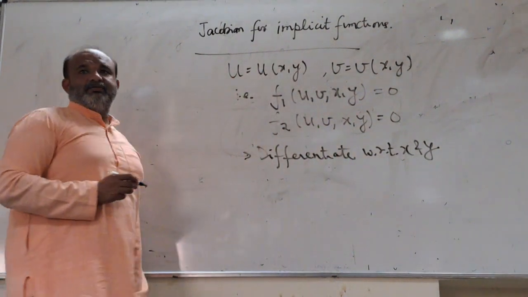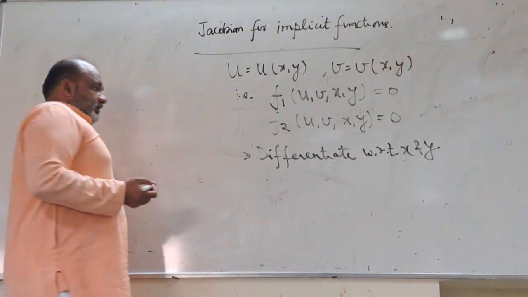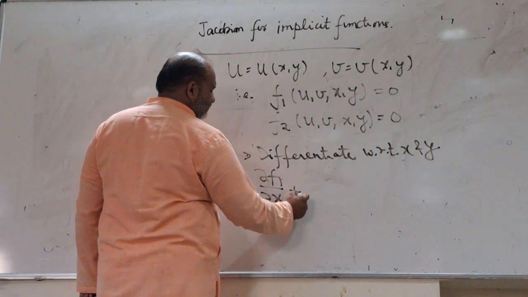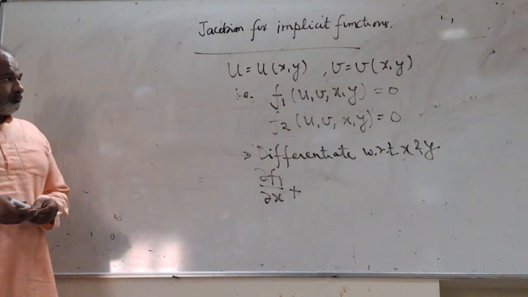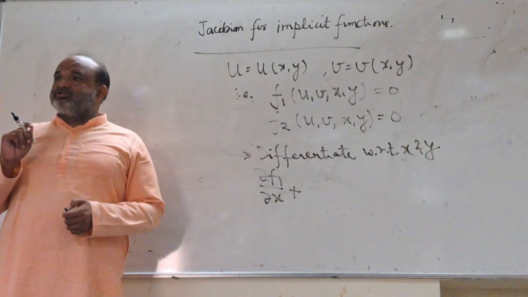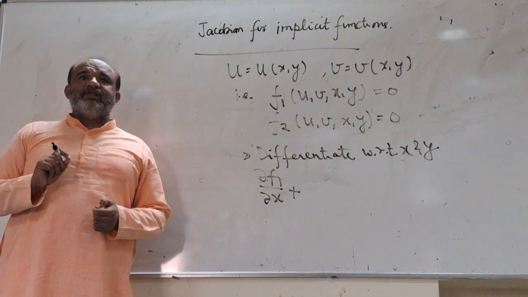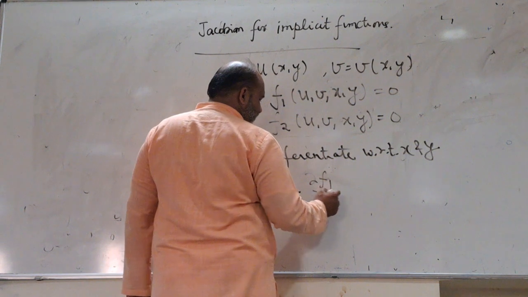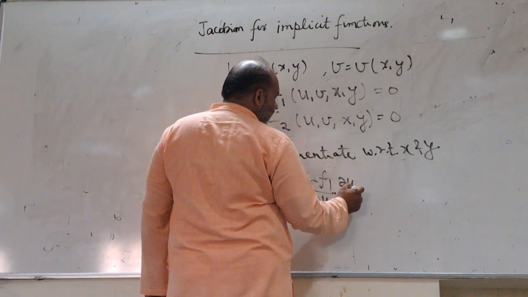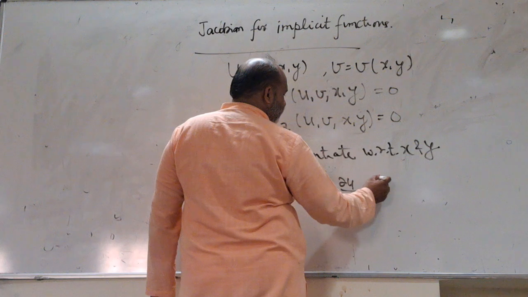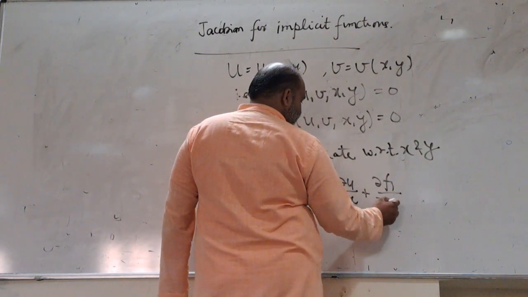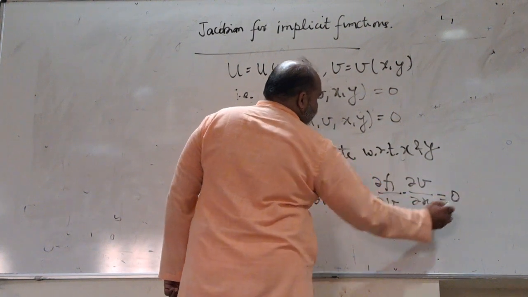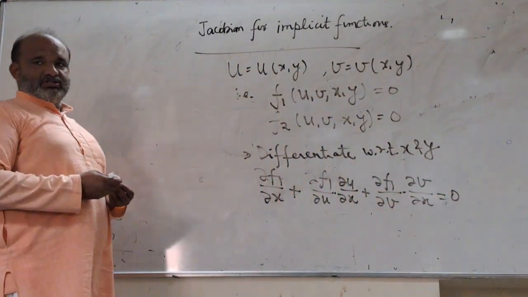So you will get del f1 over del x plus, now u and v are functions of x and y, so here you will apply the chain rule. You will get del f1 over del u into del u over del x plus del f1 over del v into del v over del x, and the value will be equal to 0.